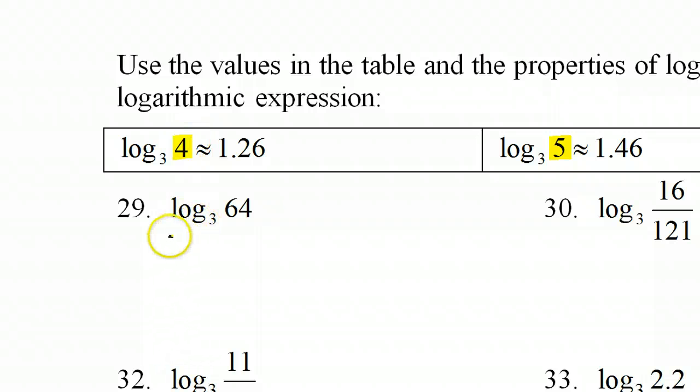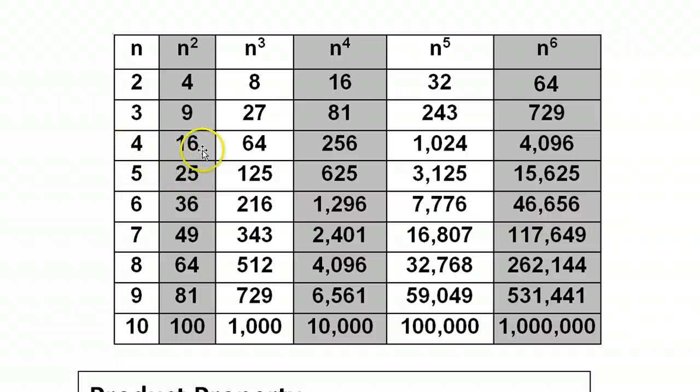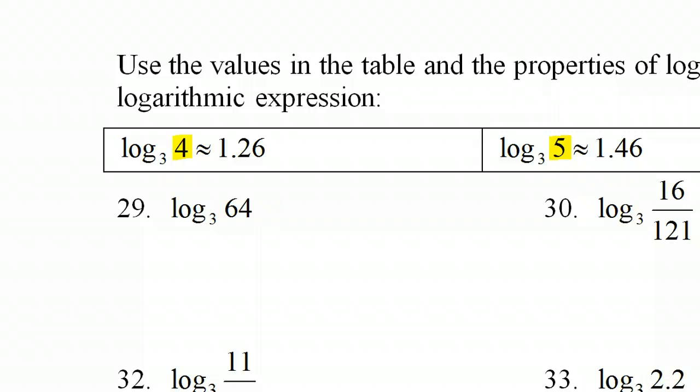So this one, for example, what can we do? Well, 64 is 4 to the third power. Memorize it. There's that 64. So that means I can write this as log base 3 of 4 to the third power. And using the power rule, I can put that 3 in the front if I want to.